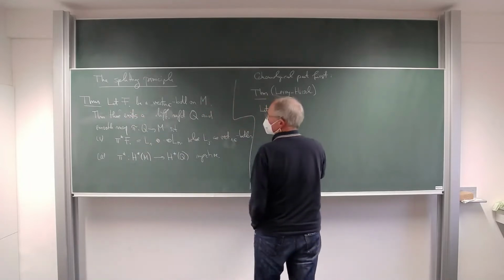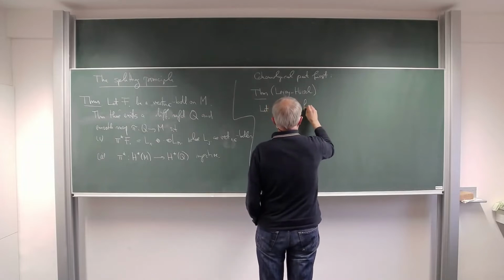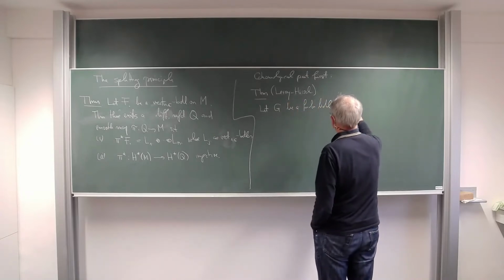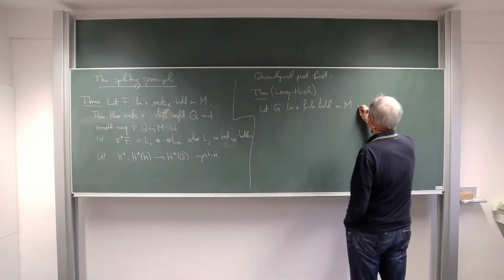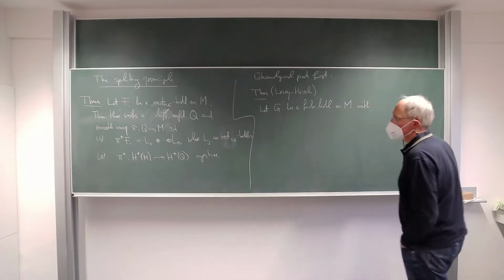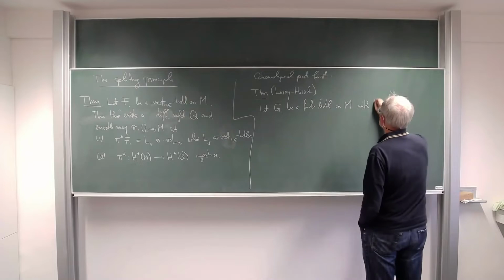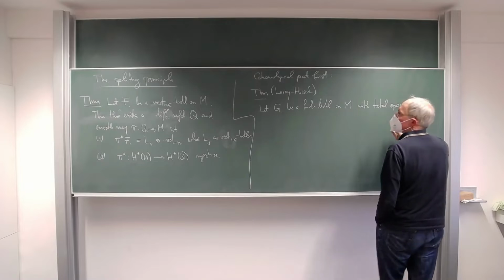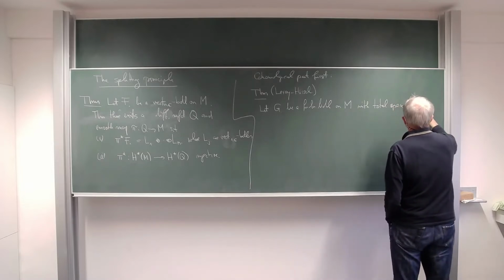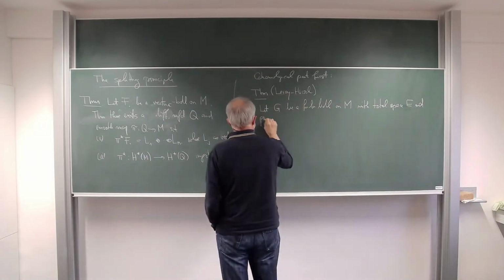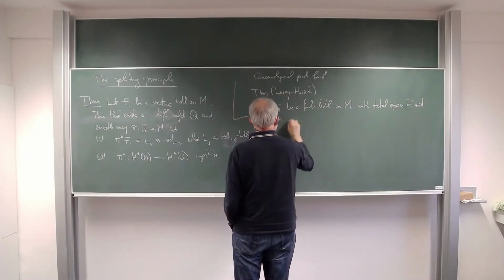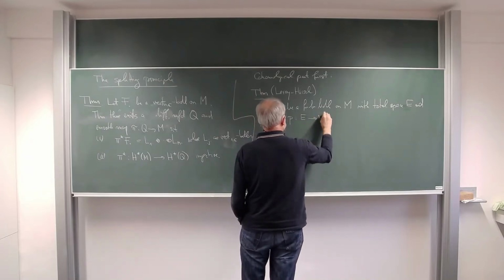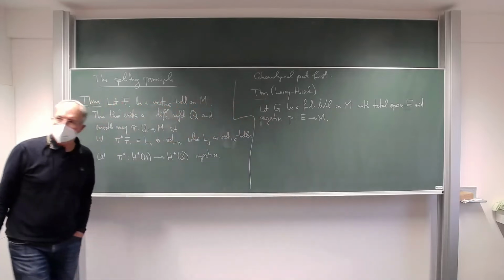Now since this is a completely different bundle than this one, let me call it differently. So let G be a fiber bundle on a manifold M, with total space E and projection, let's call it P from E to M. So it's no longer a vector bundle, it's just some kind of bundle.